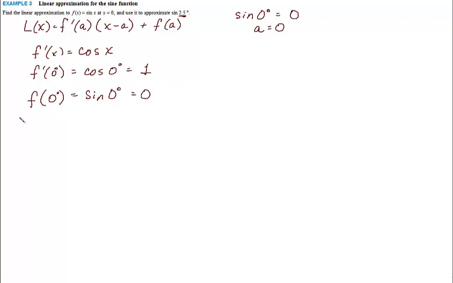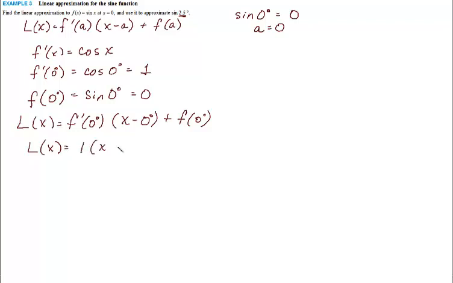Let's do our linear approximation. F prime at 0 degrees, x minus the 0 degrees, plus f of 0 degrees. So L of x is going to be 1 times x minus, I don't need to write that, plus a 0.